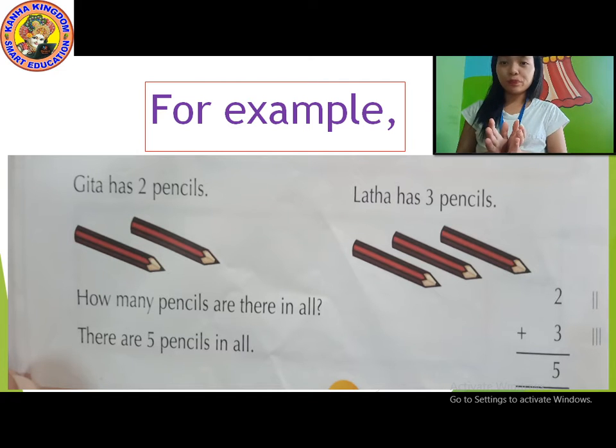That means you have to count both pencils, both Lata's and Geeta's, right? You have to count the number of pencils of Lata and Geeta together. So see, Geeta has 2 pencils, Lata has 3 pencils. So you have to add these 2 and 3.